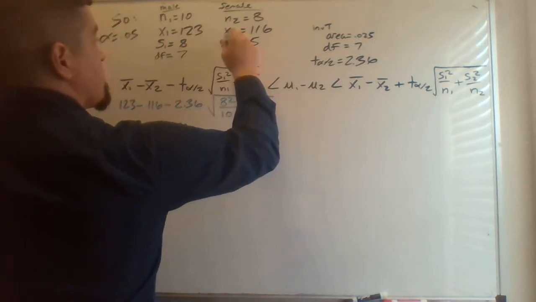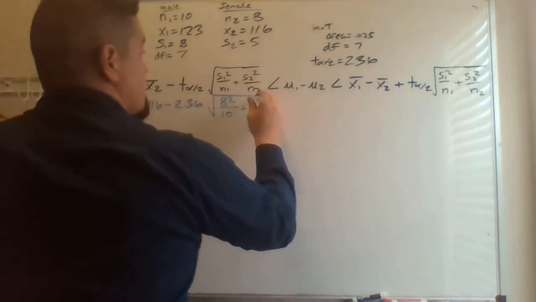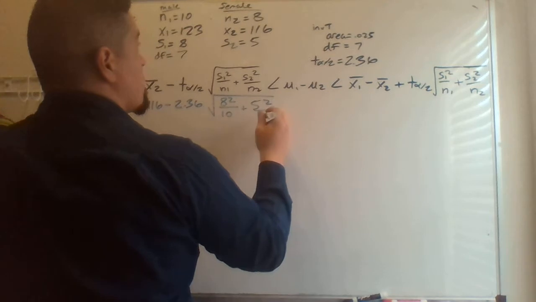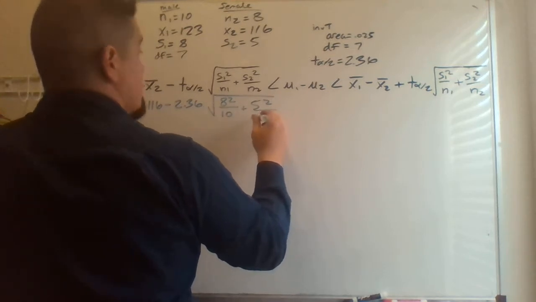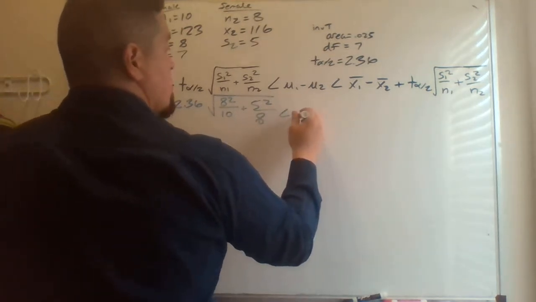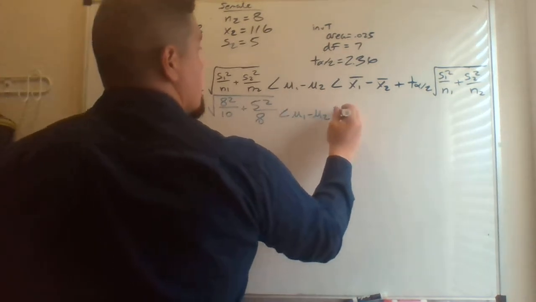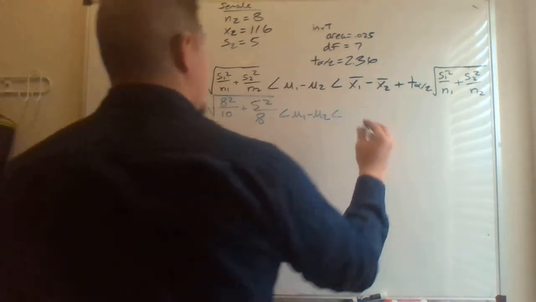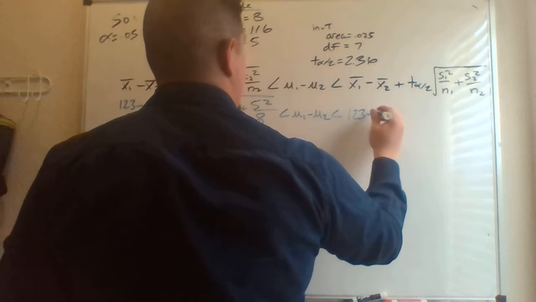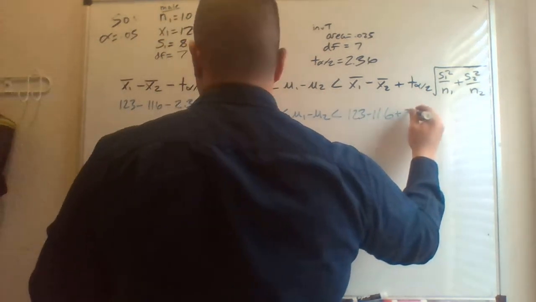Oh, I realize I put s1 here, so that should be s2. s2 is 5 squared over n2, which is 8, less than mu1 minus mu2, less than the same thing, plus, right here.